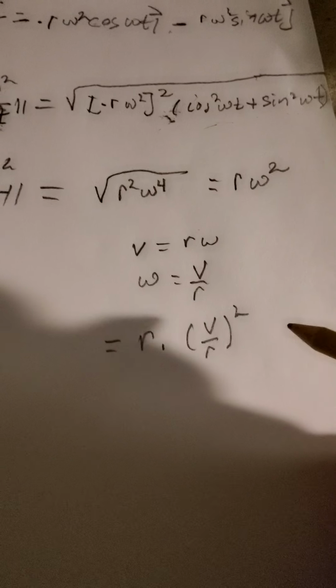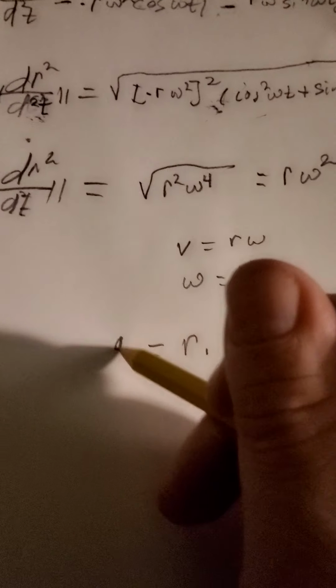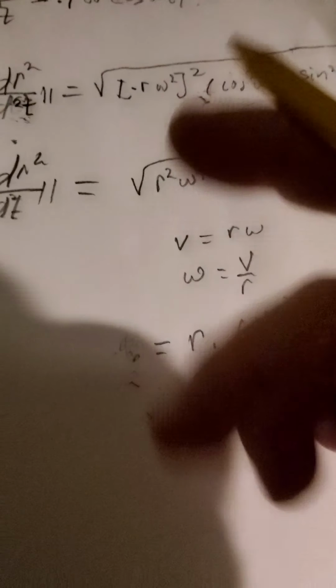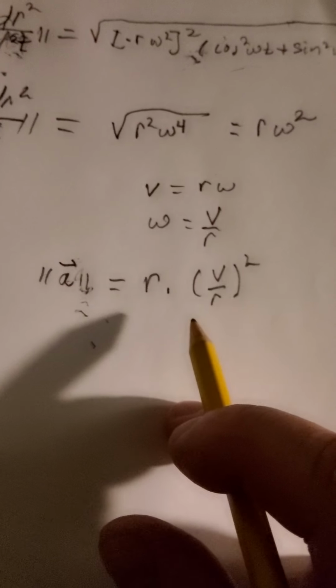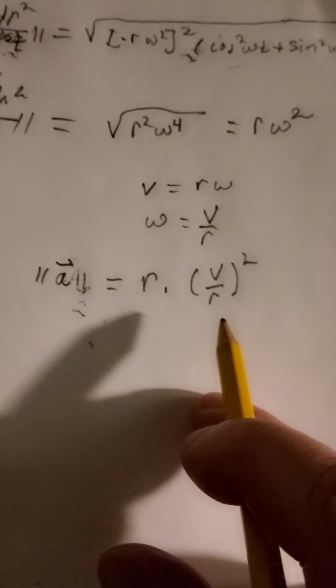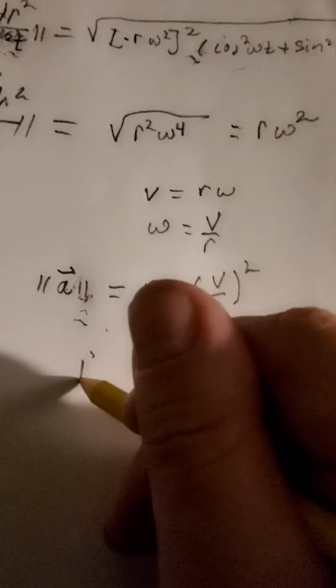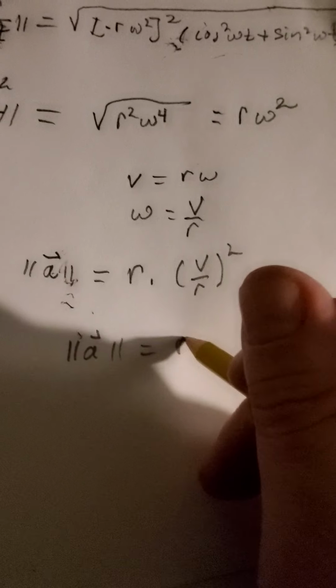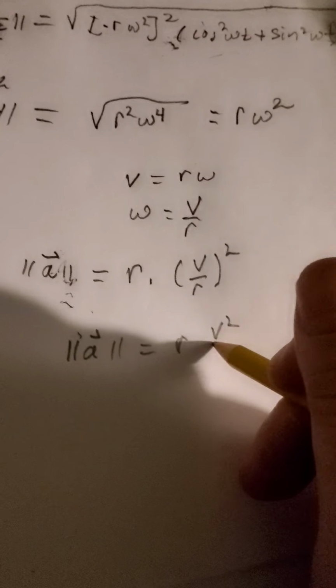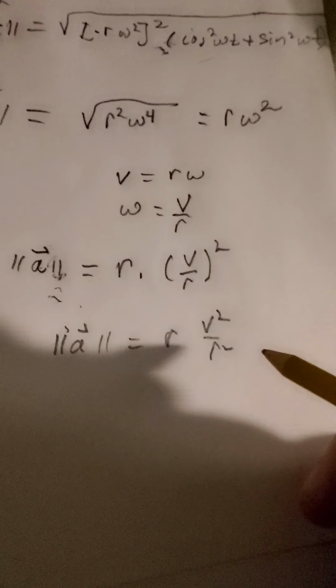Okay, so now we're going to have r times this v over r quantity squared equal to this acceleration. That's going to be the magnitude of the acceleration vector. I'll write it like that. The magnitude of the acceleration vector will equal r times v squared over r squared.